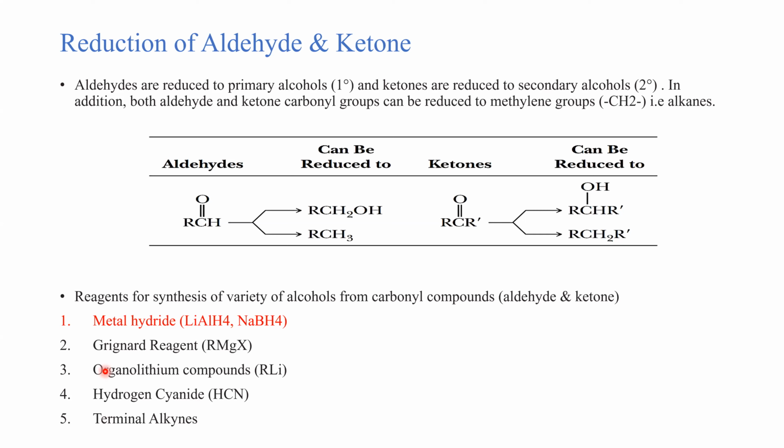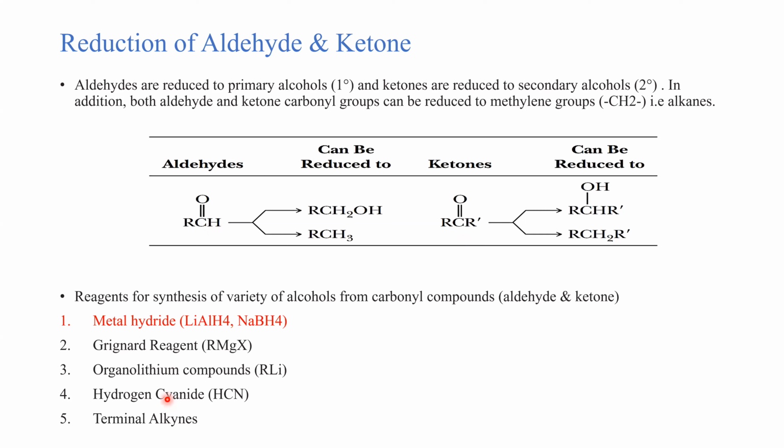If we revise these, we discussed the Grignard reagent, with RMgX as the general formula. When we were using these, we were getting the product from the aldehyde and ketone as an alcohol, but also with one of the R groups attached. In the case of ketones, we were getting tertiary alcohols, and in the case of aldehydes, we were getting secondary alcohols.